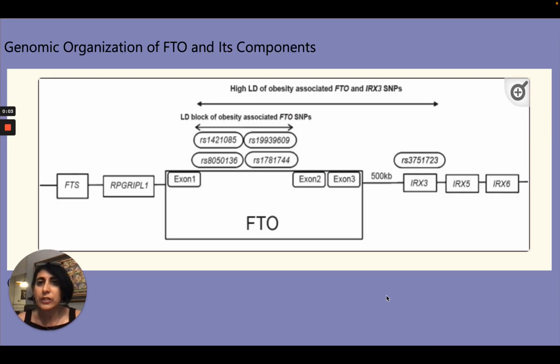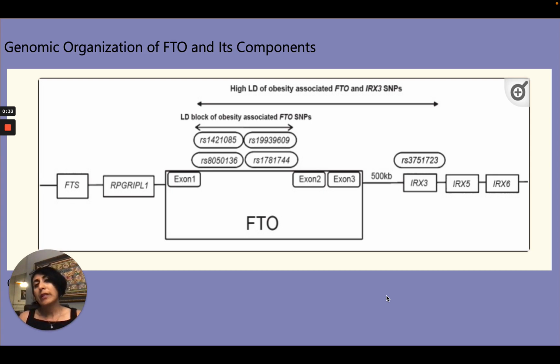Now that we've learned a little bit about the history of these genes, we can take a look on the chromosome to see where these genes are located. So you see FTO is in the center there, and downstream from there you see the clustered genes IRX3, 5, and 6. And then further up from FTO you see the RPGRIPL1 gene.